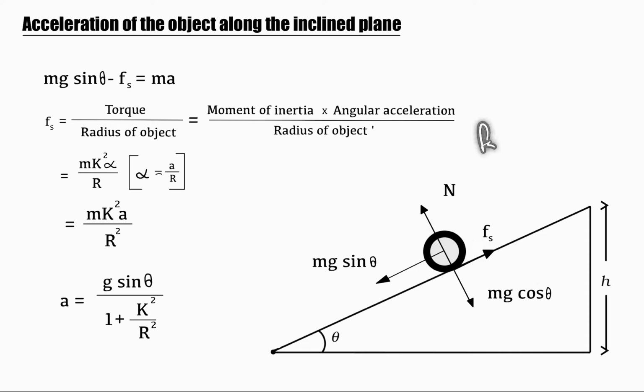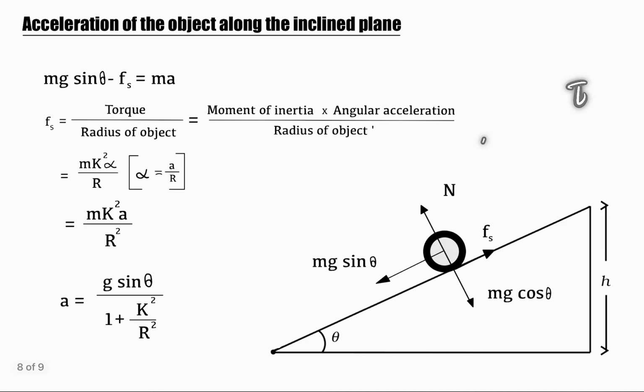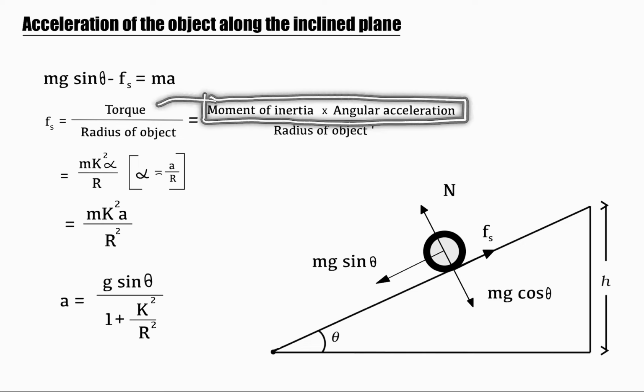If F is the force and L is the perpendicular distance, the torque will be F into L. Here the frictional force into the perpendicular distance from the center of mass, which is the radius of the object R, is equal to the torque.